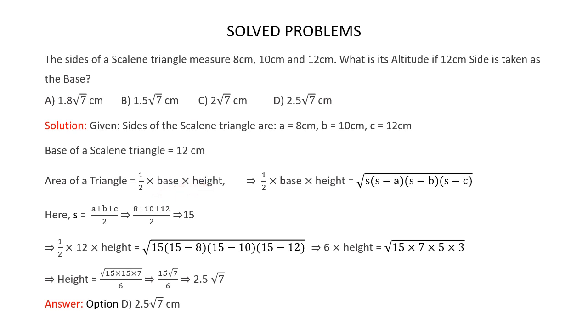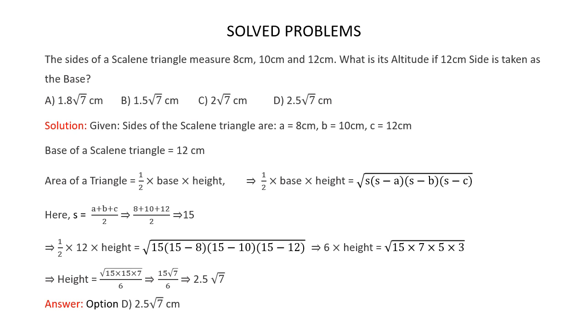Now since the value of the sides of the scalene triangle is given, we have to find the area of the triangle using the Heron's formula, which is area of the triangle is equal to square root of s multiplied by s minus a multiplied by s minus b multiplied by s minus c, which means half multiplied by base multiplied by height is equal to square root of s multiplied by s minus a multiplied by s minus b multiplied by s minus c.